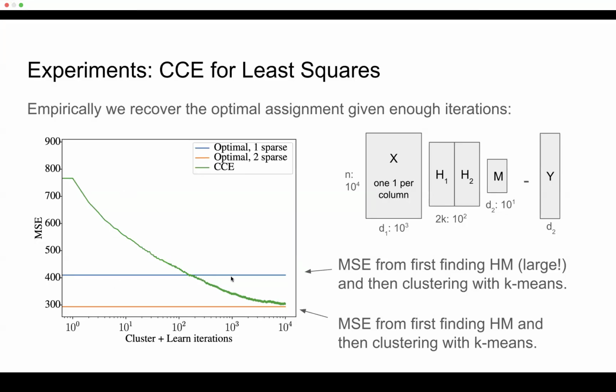The blue line here is the loss when we pick X and Y just at random, and we just solve the least squared problem, and then we do the factorization using k-means, so it's basically the best we could hope for in some sense.